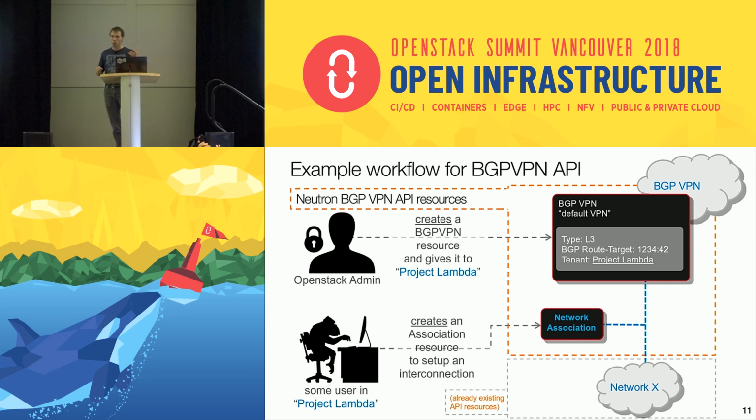So this is an example for when you want to create connectivity at the network level, but the exact same framework applies when you want to do connectivity at the router level or at the port level. And sometimes these association objects have additional properties allowing you to control with a finer grain the routing that will be done by BGP, but we won't cover this today. So this is the API. And as soon as it's done, traffic can flow between the Neutron network and the external BGP VPN.